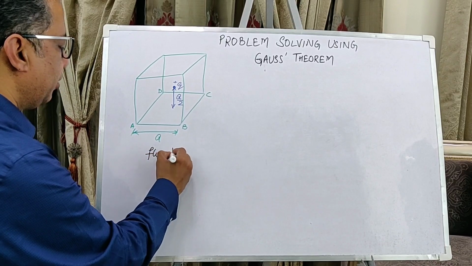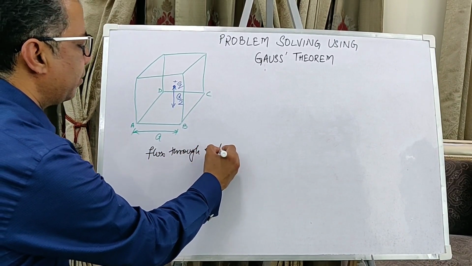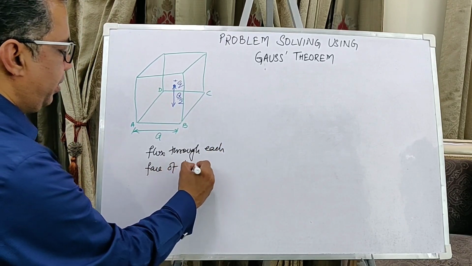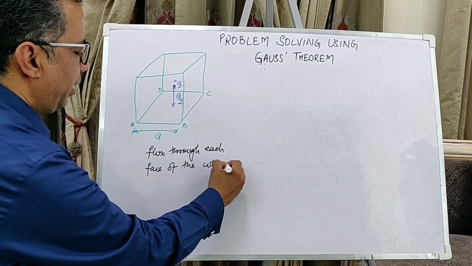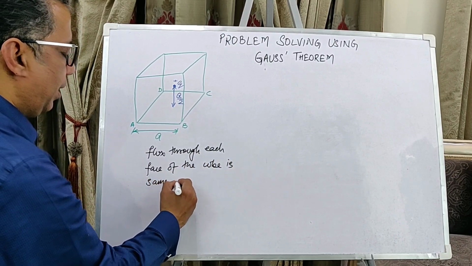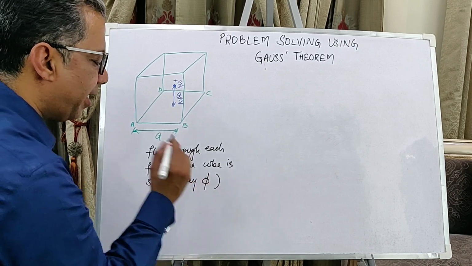Flux through each face of the cube is same. Let's say that flux is phi.